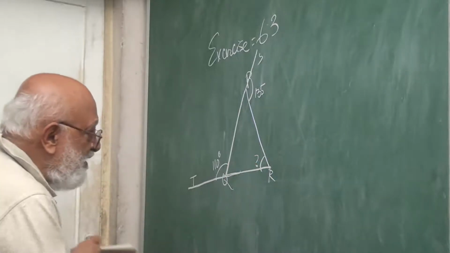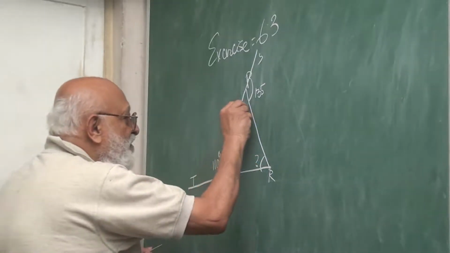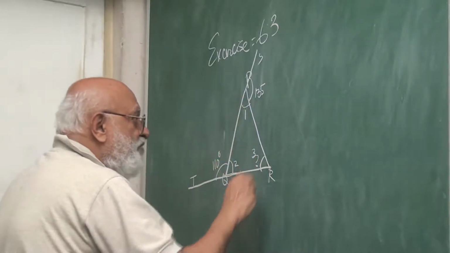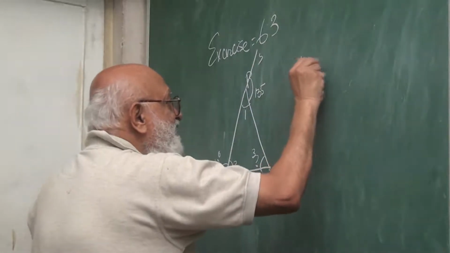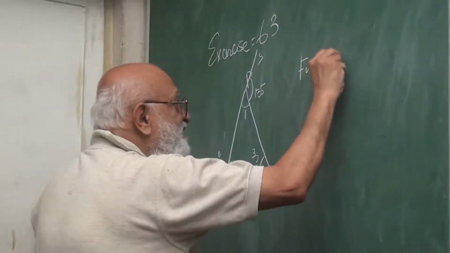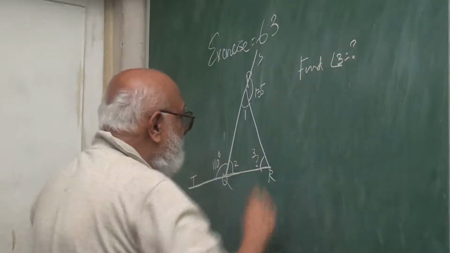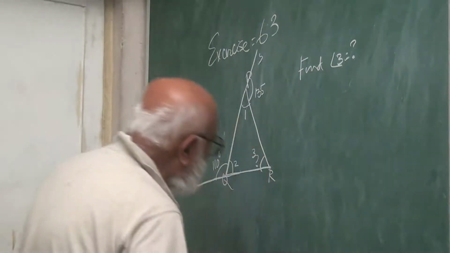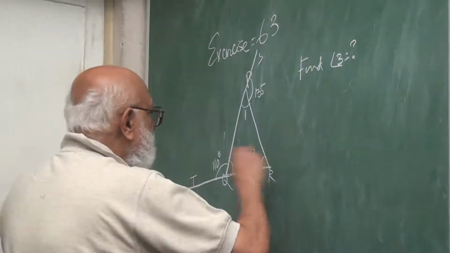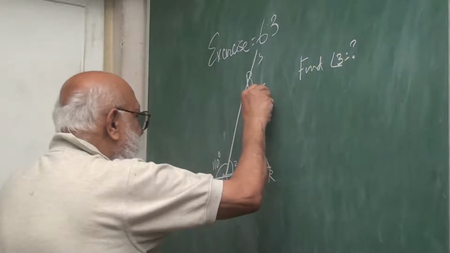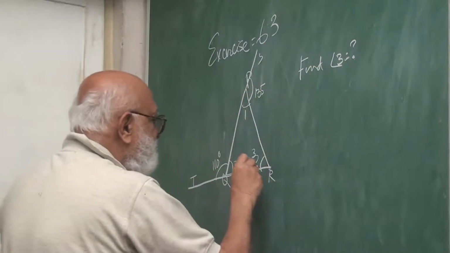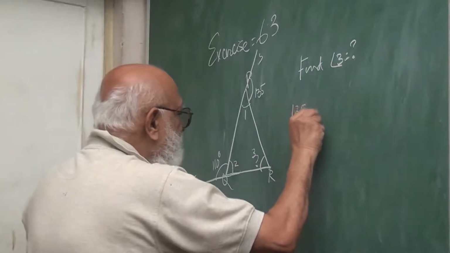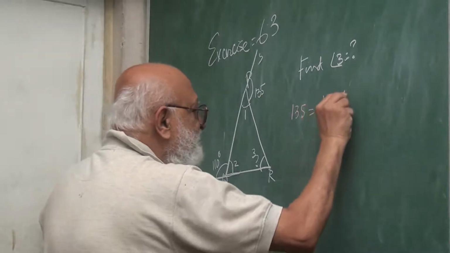Let me write down the angles. Let's call them 1, 2, and 3. So find angle 3. This is our assignment. We'll use whatever we have at our disposal. This angle will be the sum of angle 2 plus angle 3. So 135 will be equal to angle 2 plus angle 3. Why?